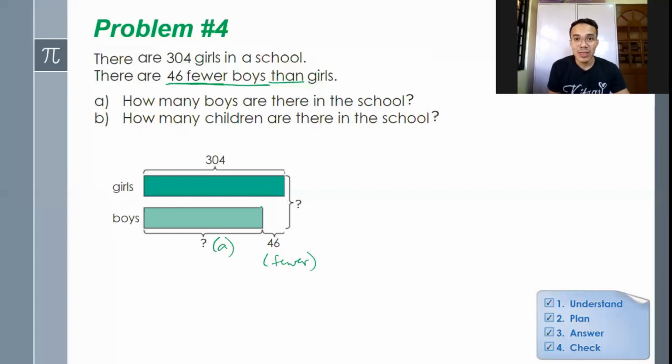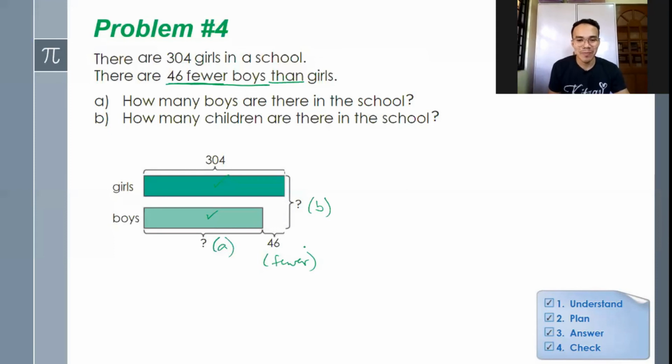So if you're using a comparison model, the total is here. This is our question letter B. And in order to get the total, you're just going to add the number for the longer bar and the number for the shorter bar only. The difference here is not included.